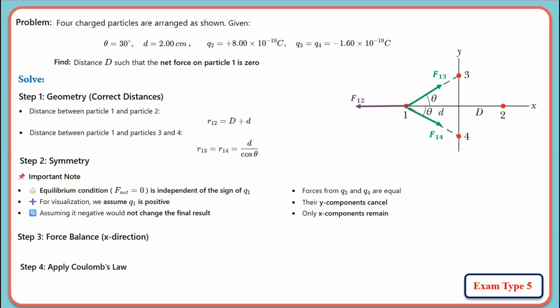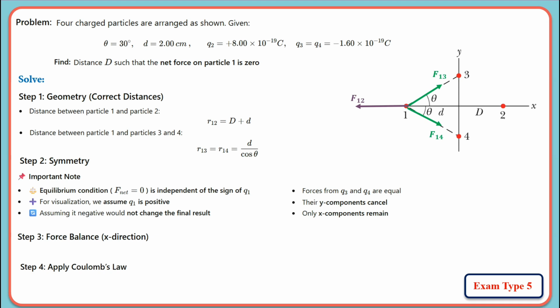The forces from particles 3 and 4 have equal magnitude because the charges are equal and their distances from particle 1 are the same. Their vertical components cancel each other and only the horizontal components remain. So we only need to focus on the x direction. Now we write the force balance in the x direction.